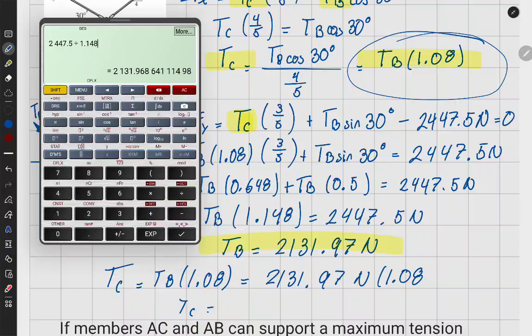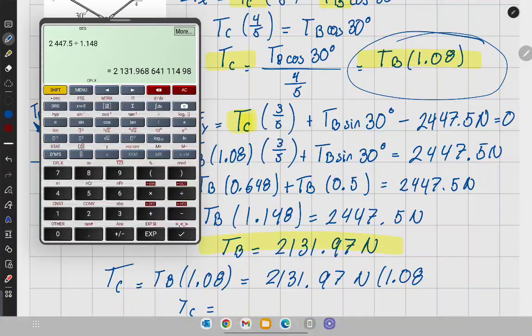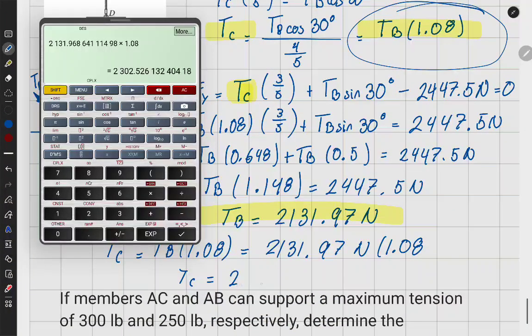So TC equals 2302.53 newtons. Okay, and that's all, guys.